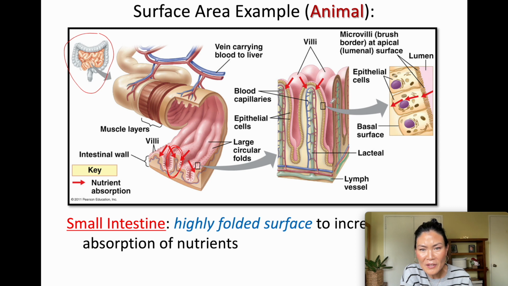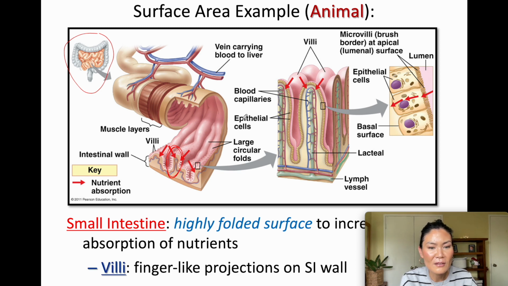So this is the villi, and when you look at the villi, it even has microvilli. So it's a highly folded surface to increase the absorption of nutrients. The villi are the finger-like projections like this, and the microvilli are the tiny projections on the villi, okay?